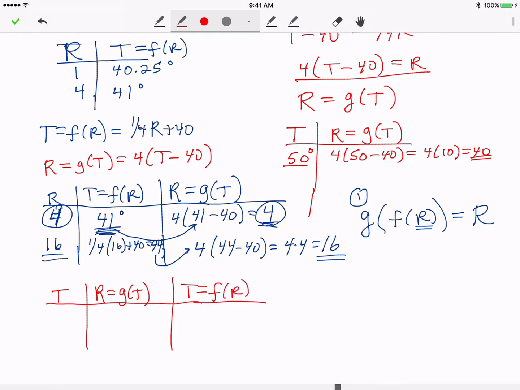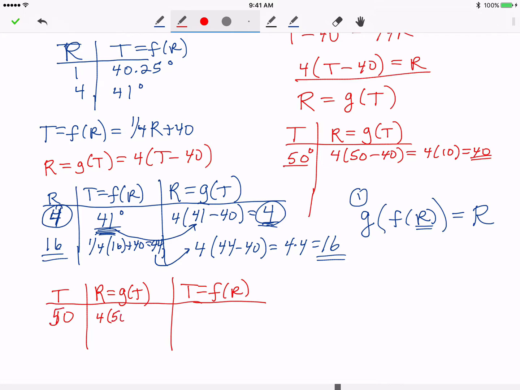So for example, let's say the temperature is 50 degrees.